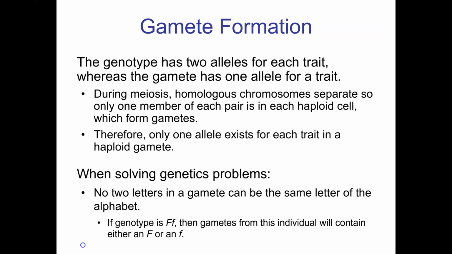And since in meiosis homologs separate, you can pass on either the allele that your mom gave you or the allele that your dad gave you. When you're doing genetics problems, you have to remember this, because you're going to have an allele from mom and an allele from dad that will get passed on to the offspring.